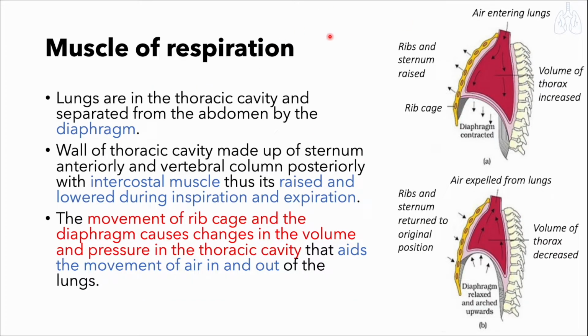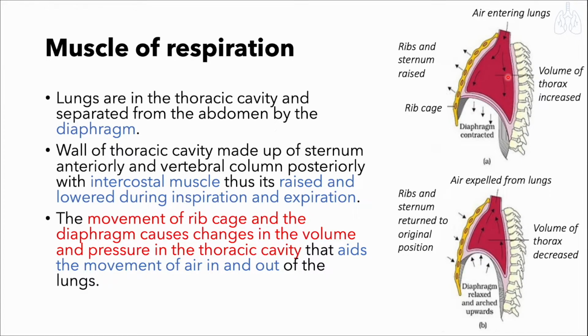The lungs are located in the thoracic cavity, separated from the abdomen by the diaphragm. In a normal, relaxed situation, our diaphragm is in a dome shape, which means the thoracic cavity is not that large in volume.